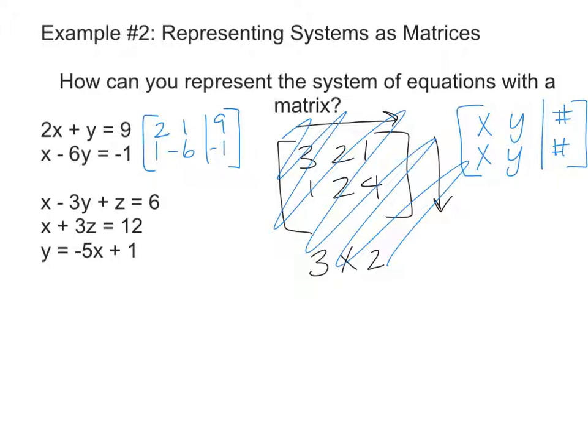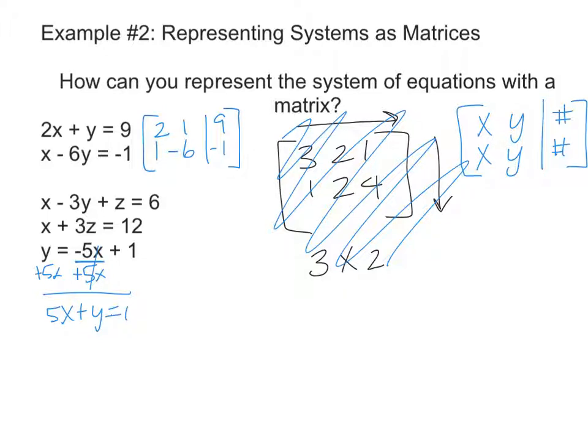On the second one, however, everything is not in order. The first equation is fine, the second equation is fine, but the last one is not because you have a variable on the incorrect side. I need to move that -5x to the side with all the variables by adding 5x. So this equation should be 5x plus y equal to 1.